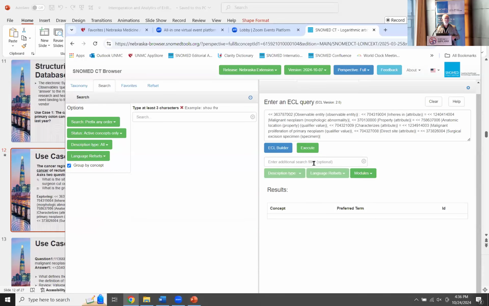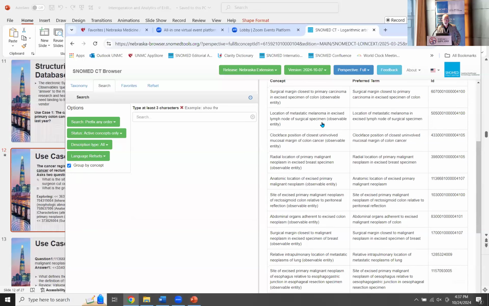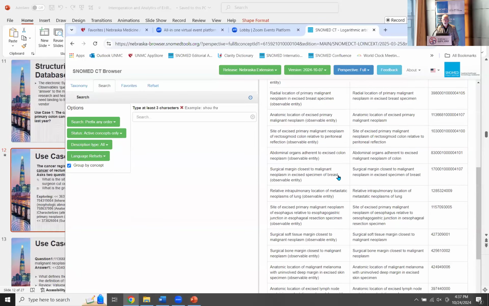So this is an observable which basically looks for the anatomic locations of the primary cancers, okay? And there's lots of pieces of the cancer or cancers in the specimen, you know. There may be something at the margin. There may be, you know, this is relative to cases of malignant melanoma, et cetera.